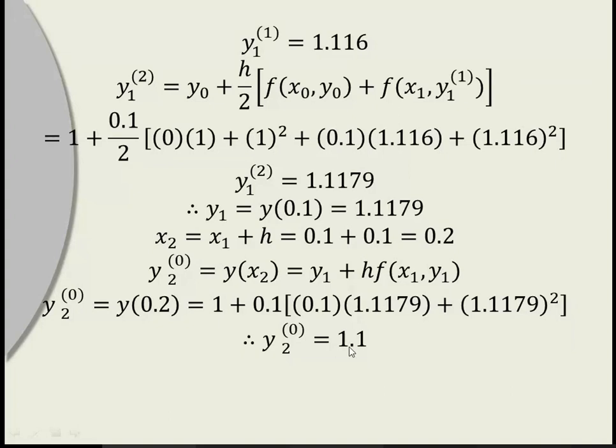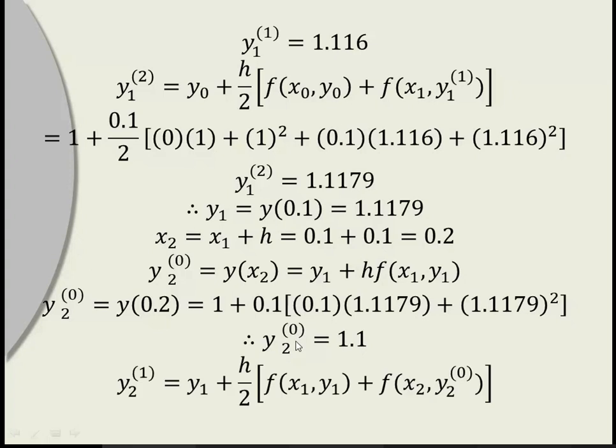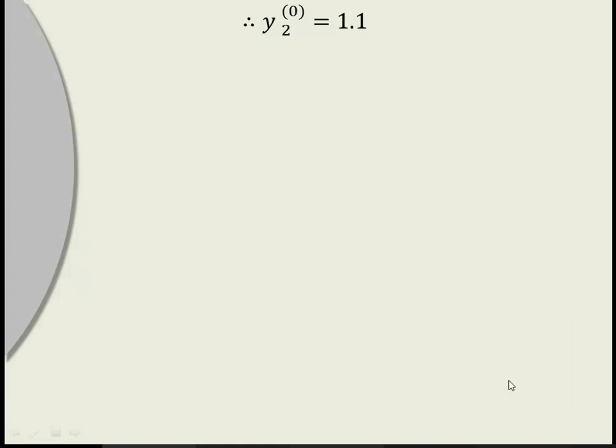Now again, we have to use the modified formula to get the iteration. So using the modified formula, the first iteration of y2 will be y1 plus all this term. For that, use the zeroth iteration of y2 and then simplify it.